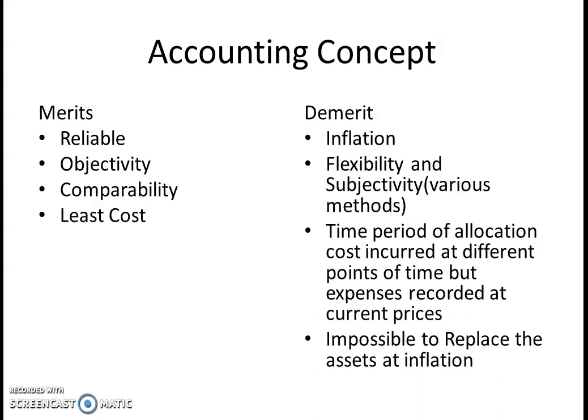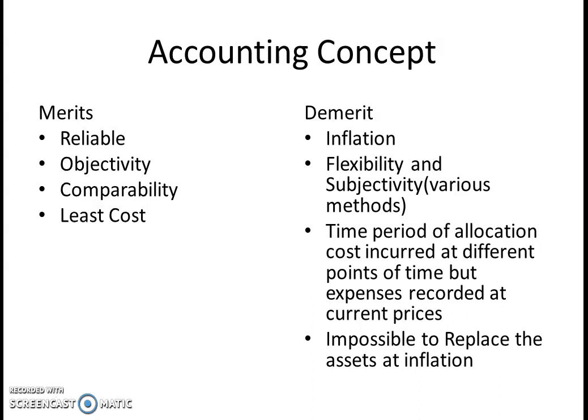Then, time period of allocation: costs are incurred at different points of time, but expenses are recorded at current prices. For example, imagine that when demonetization happened, somewhere in November in that particular year, the expenses incurred in the month of April were entirely different from any other expenditure incurred after November, December.